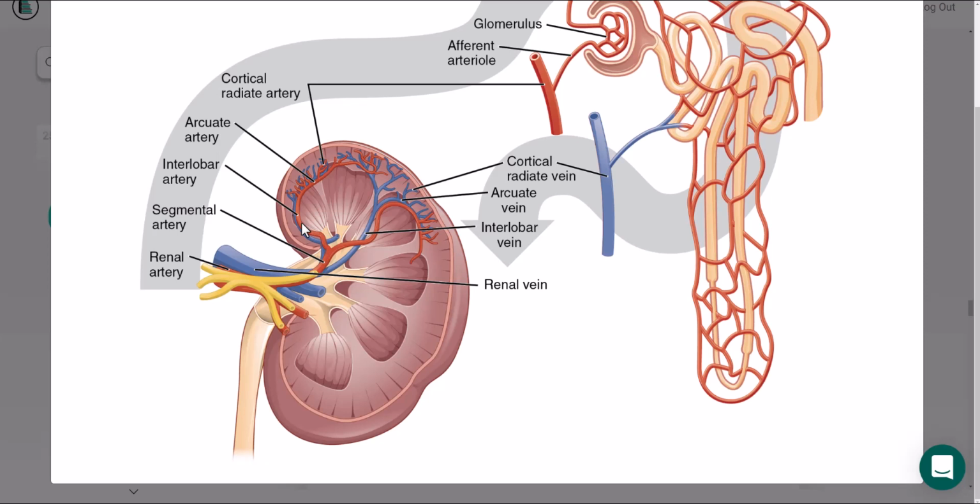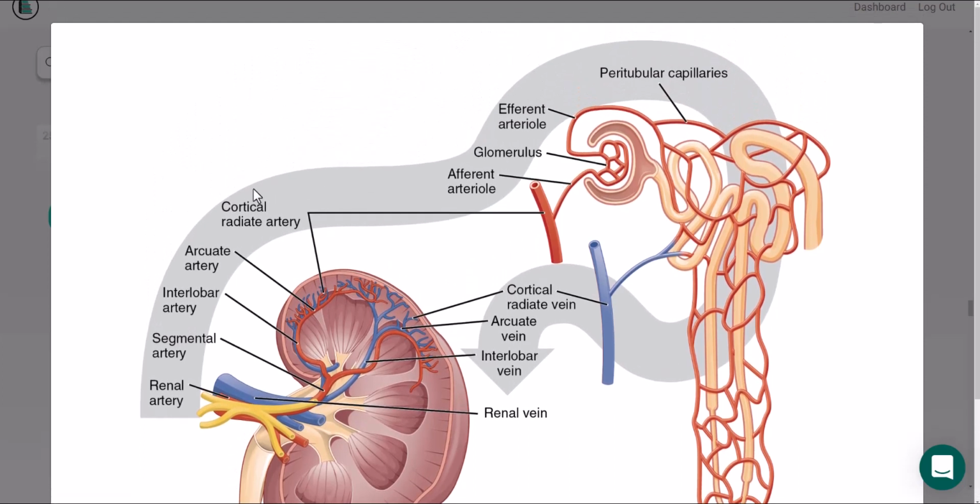It's then going to branch into the interlobar. Each of these pyramids is like a lobe, if you will. So interlobar, go up to an arc, the arcuate artery, then go up into the cortex, the cortical radiate arteries, and then from the cortical radiate artery, we now go into the afferent arteriole.